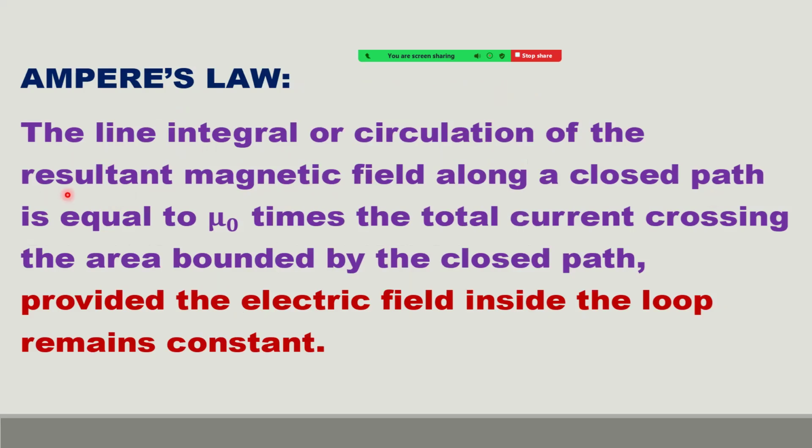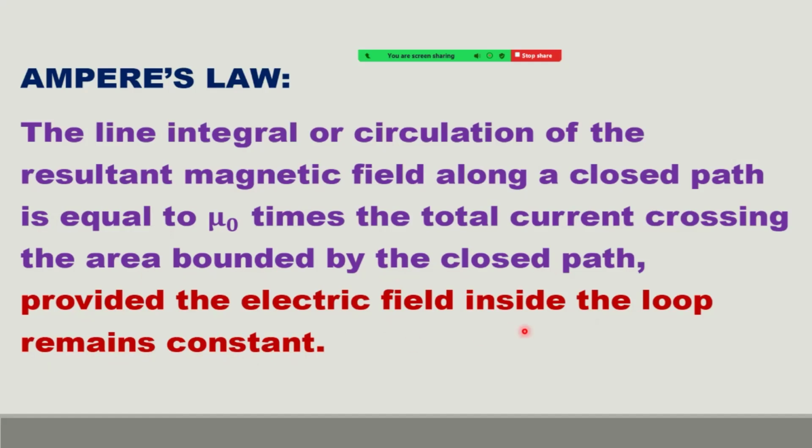It is the line integral or circulation of the resultant magnetic field along a closed path, equal to mu naught times the total current crossing the area bounded by the closed path, provided the electric field inside the loop remains constant.